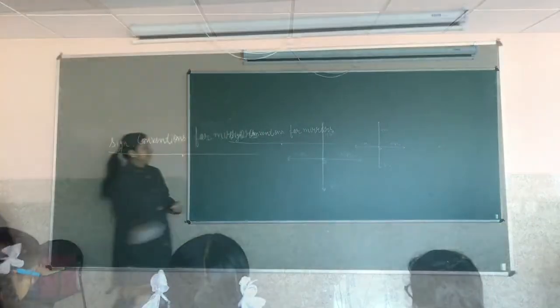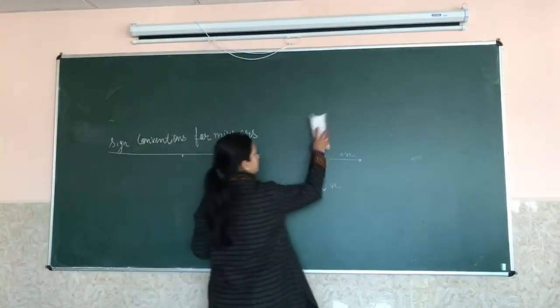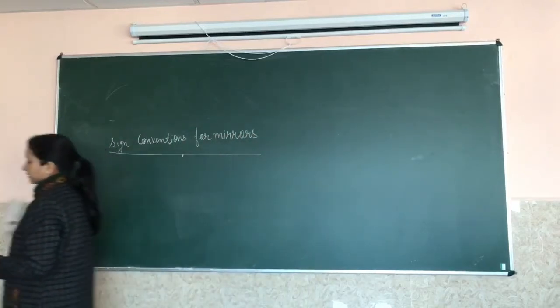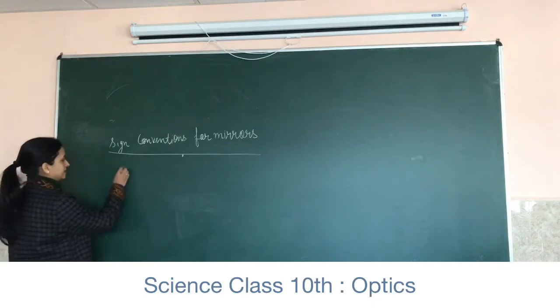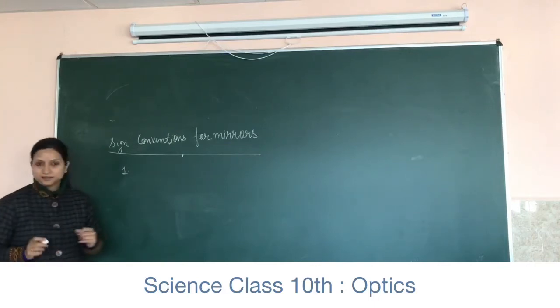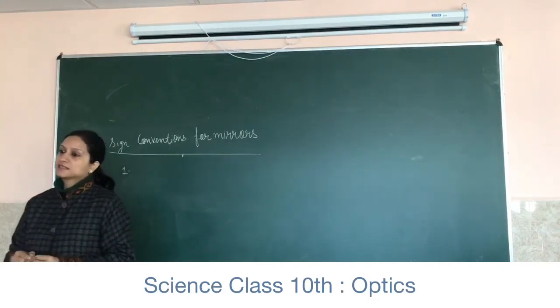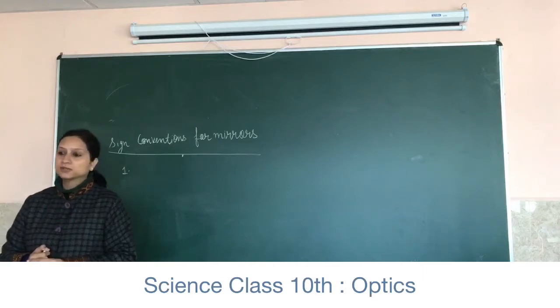Now what are the sign conventions? The first sign convention in the Cartesian coordinate system for the mirrors says that all the distances are measured with respect to the pole.